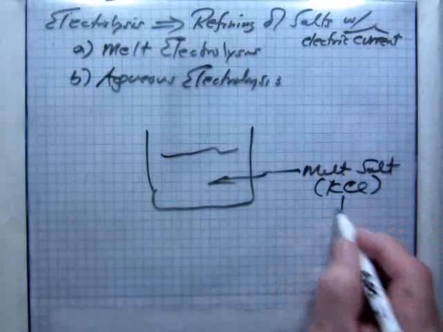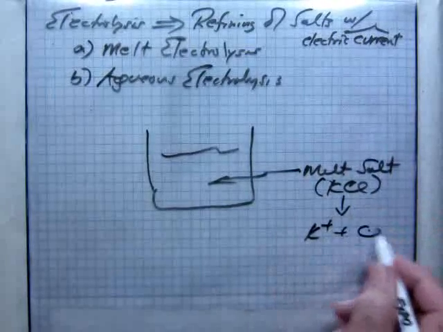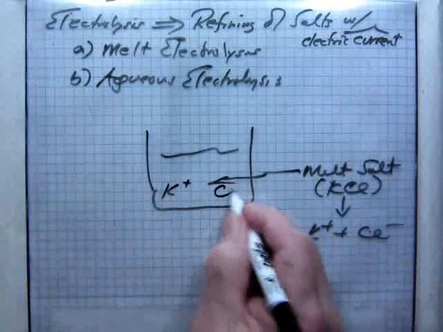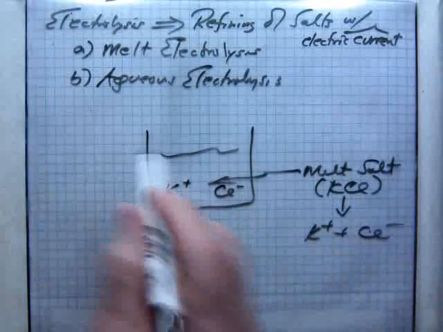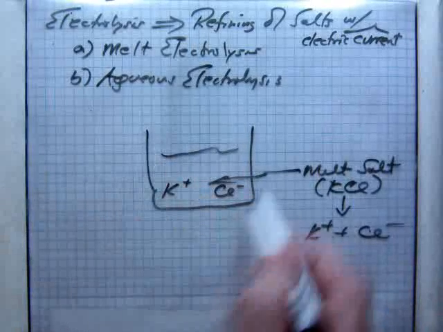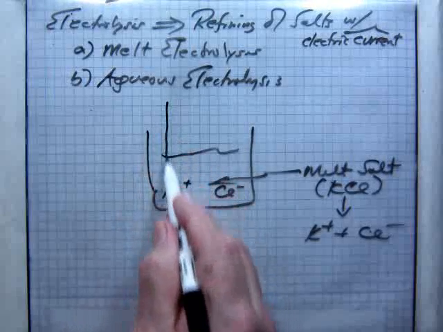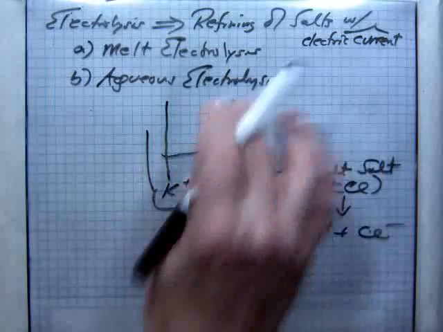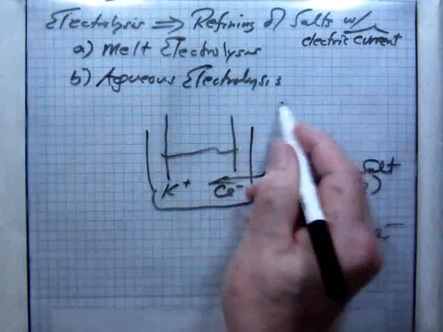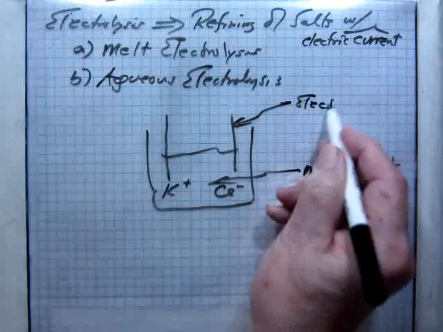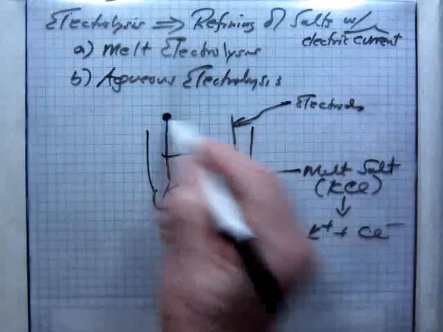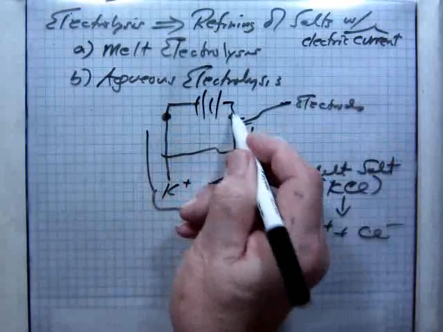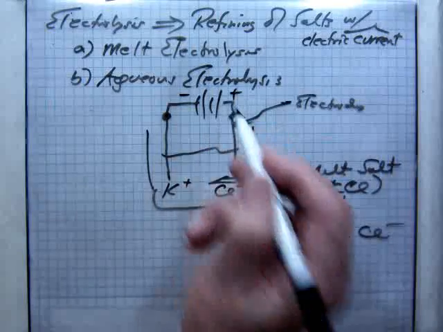So when that breaks down, it goes to potassium and chloride ions. So you've got all these mobile potassium ions and chloride ions in the system, in this heater jacket. Then you put electrodes into the solution, and connect those electrodes to a transformer, minus and plus.